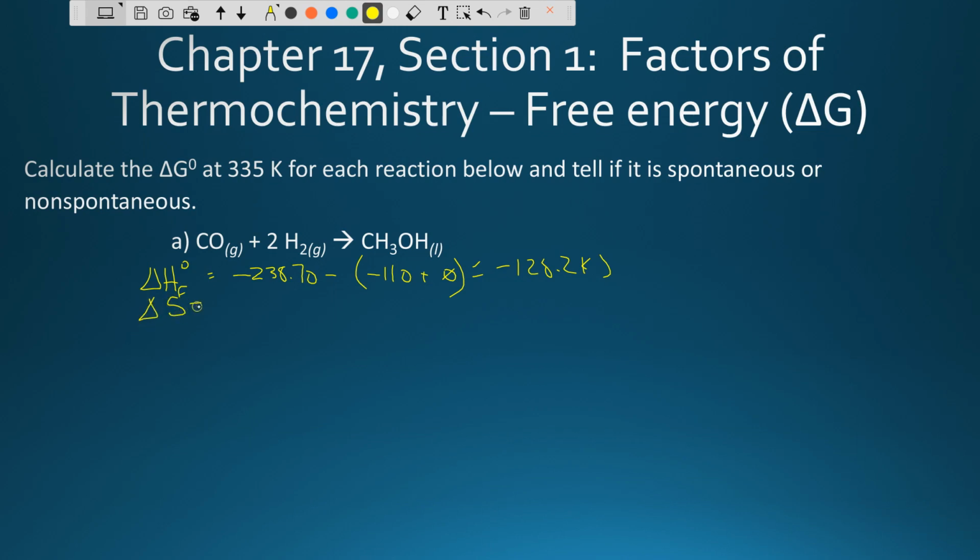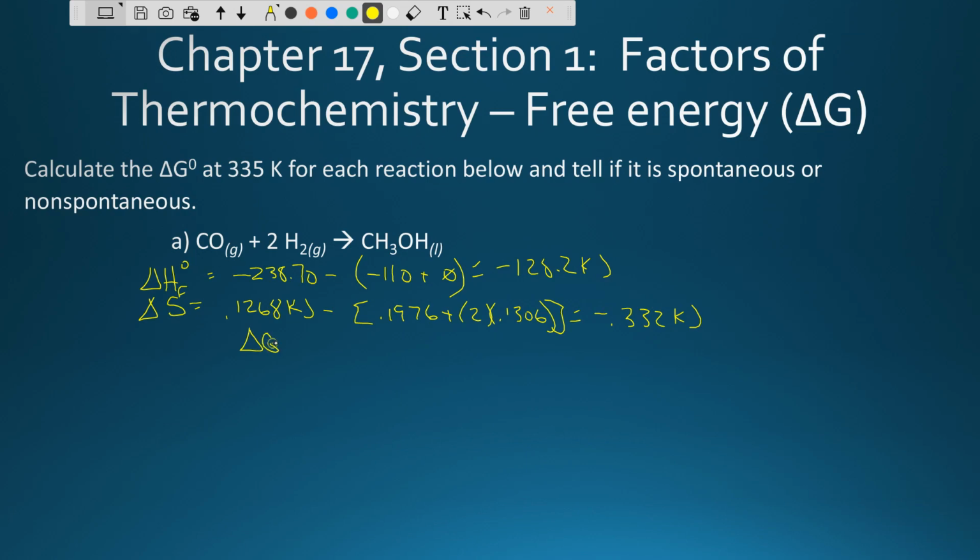My delta S is going to be 0.1268 kilojoules minus 197.6 plus 2 times 0.1306. That will give me a negative 0.332 kilojoules.